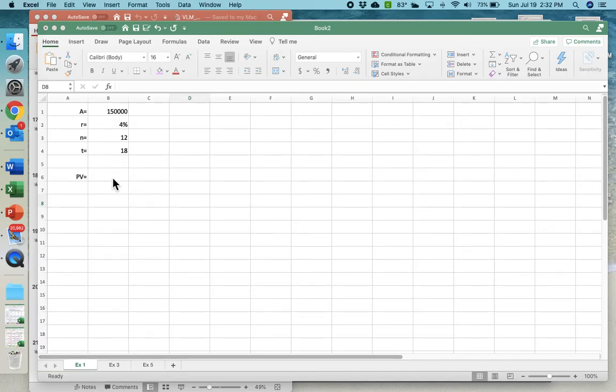Excel. So in the first problem, we had an amount that we were trying to accumulate of $150,000. The rate was 4%. N is 12. T is 18. So to put this into our formula, we have equals our amount divided by. We need to put a parenthesis around everything on the bottom.